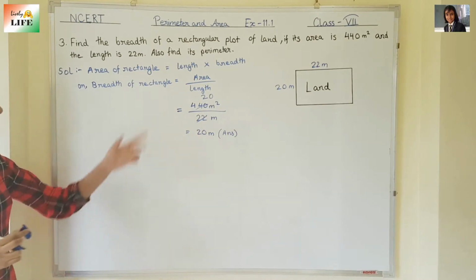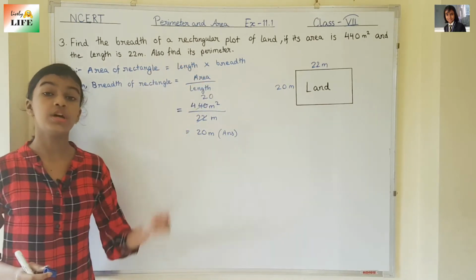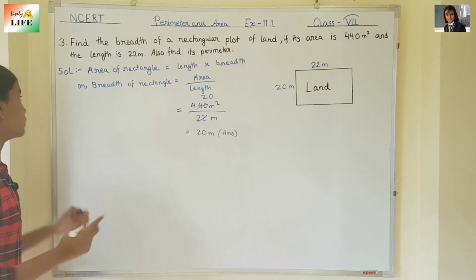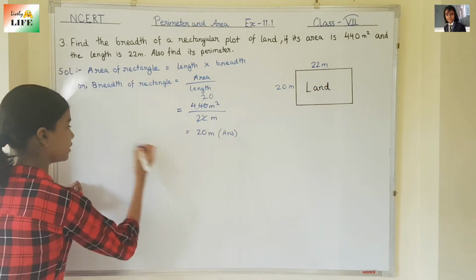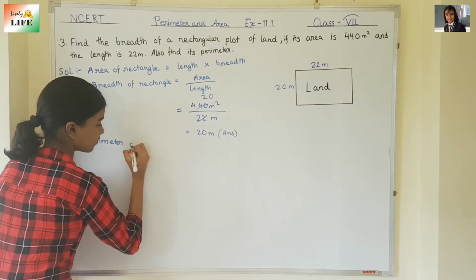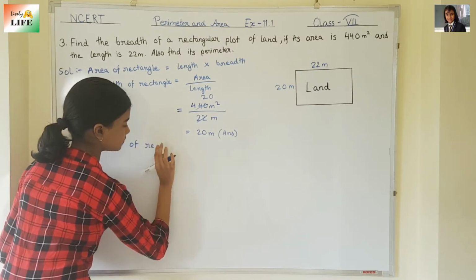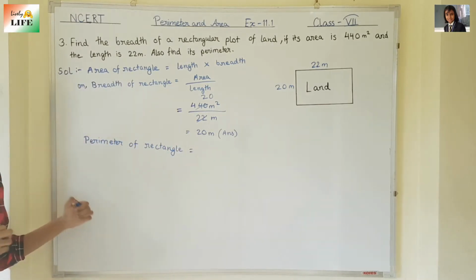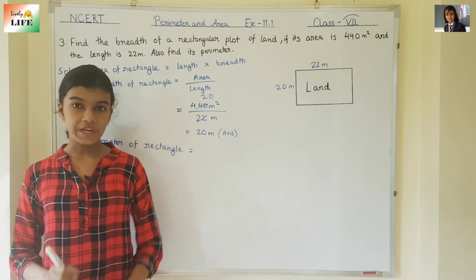Now see over here, it is telling that also find its perimeter. Now we again need to find the perimeter of this rectangle. What is the formula of perimeter of a rectangle?